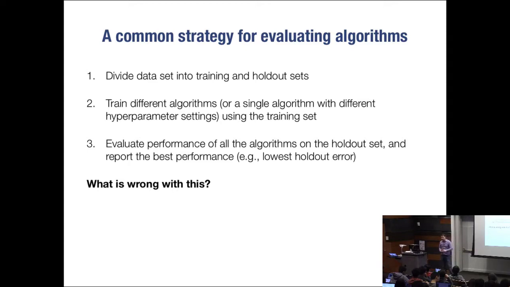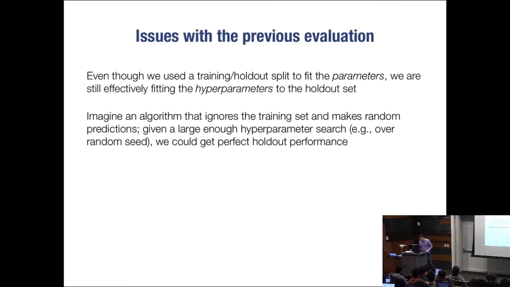And if you do it this way, this will be an unfair, incorrect, scientifically wrong estimate of your true performance. The issue with the previous approach is that we were effectively fitting hyperparameters to the holdout set. I gave you this example of an algorithm that ignores the training set entirely, and given a large enough hyperparameter search, we can get perfect holdout performance.